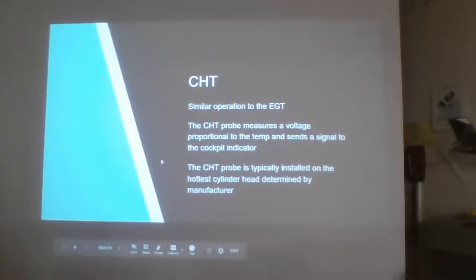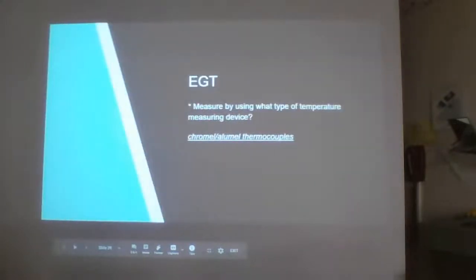Okay, so we are just getting into our temperature sensing instruments, so we will be covering the EGT, the CHT, and we'll go over oil temperature. So for today, we're going to stick with the EGT, our thermocouple reading.